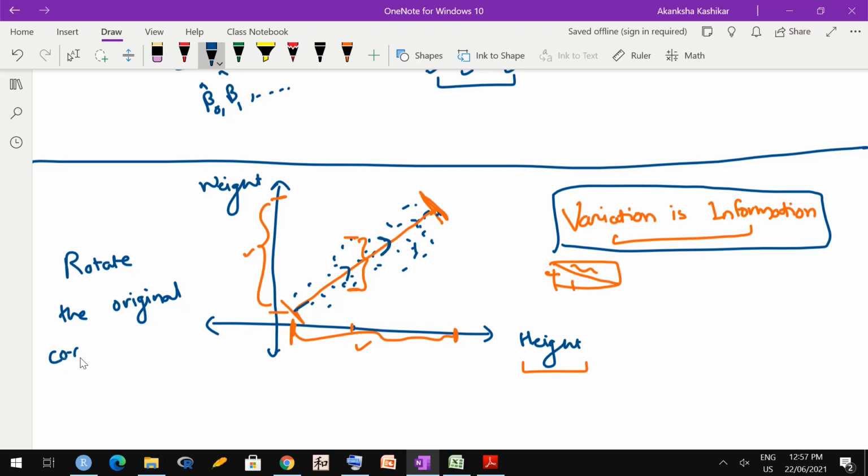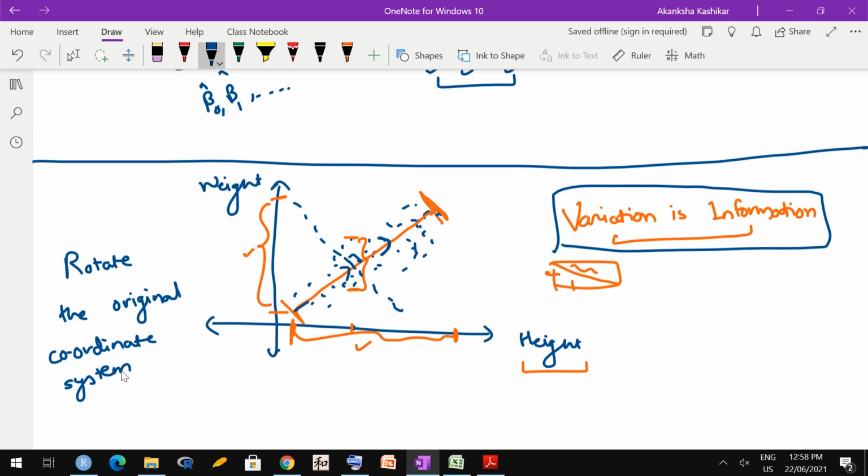Okay, it tries to rotate the original coordinate system in such a way as to get the first important axis in the direction of this most informative, or the axis which has high variation. Okay, so you rotate this, so this becomes this, and of course next axis has to be 90 degrees with this.